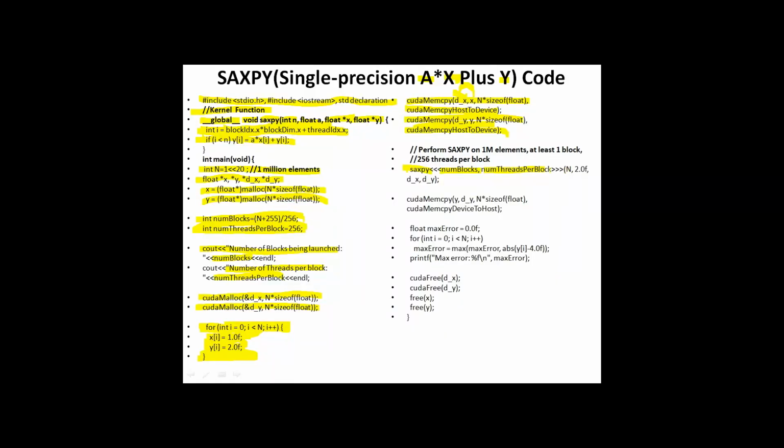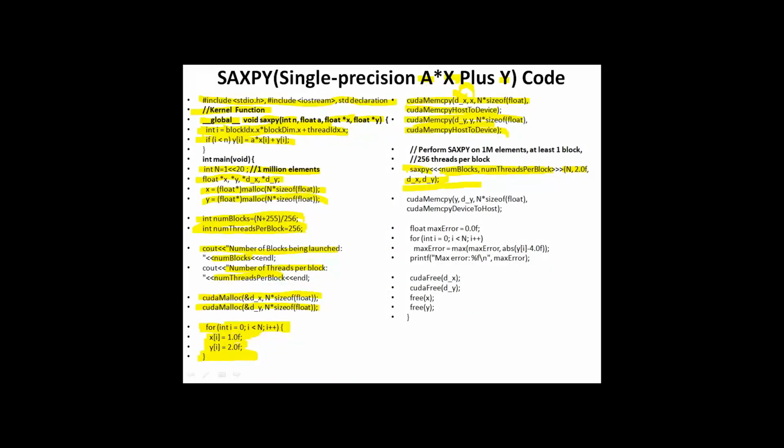Whichever values we pass in these angular brackets, we call these the execution configuration, or execution parameters, or kernel configuration. And in the round brackets, we are specifying its arguments. First is the number of elements, then the value of a, then the device arrays d_x and d_y.